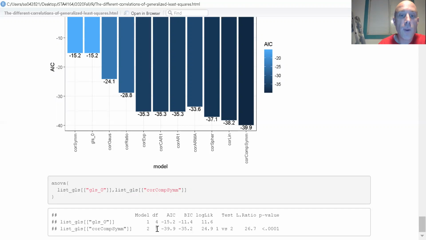So here we can see that I only have one more parameter that I'm estimating. That's something to think about. And we can see here's our likelihood ratio, and our p-value is within machine accuracy of 0. Therefore, I conclude that the corCompSymm model is statistically significantly different, more informative than the default model.